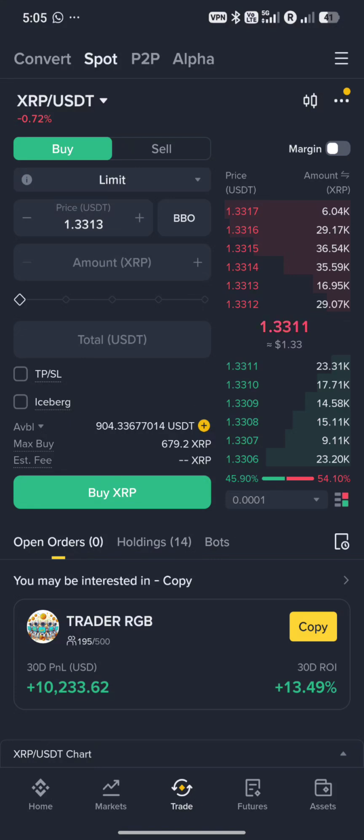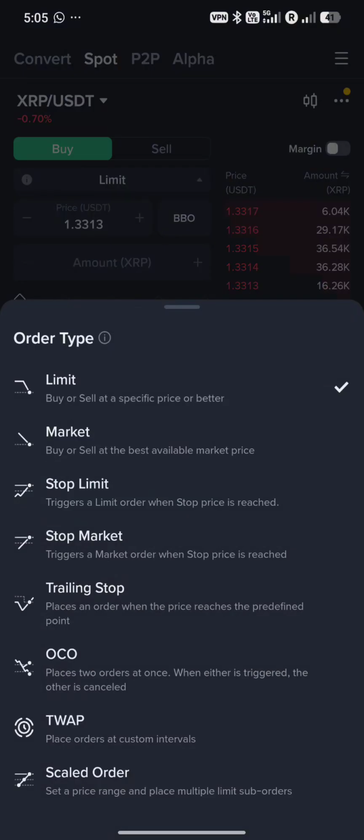But instead of doing that, I would say use stop limit. Based on experience, to me, limit sometimes fails, in the sense that you might put a particular price, but it goes ahead and uses another price.